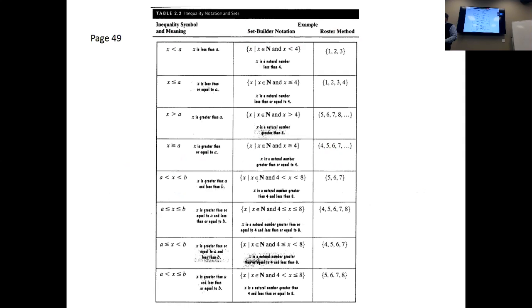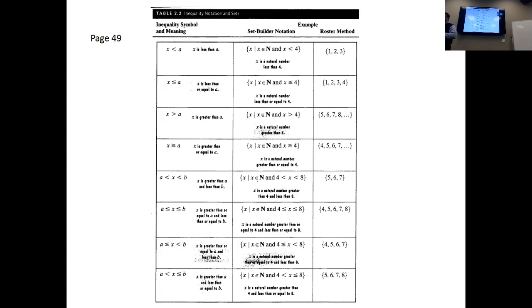Now, if you look at your textbook, table 2.2, for example, it says x less than a. So set builder notation would be all x such that x is a natural number but less than 4. When we talk about natural numbers, they cannot go negative, so it would be the numbers 1, 2, and 3.